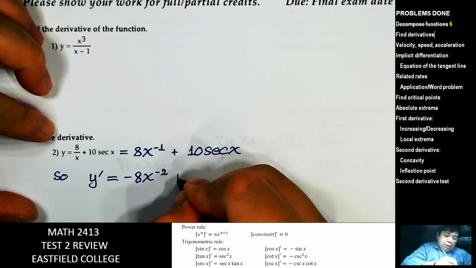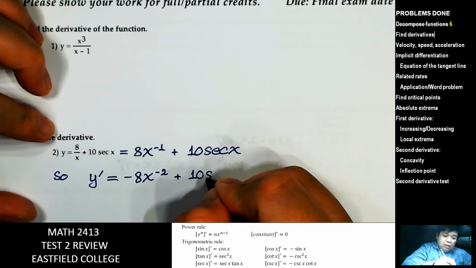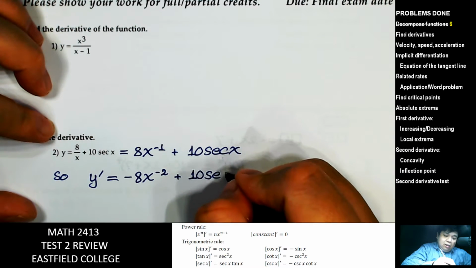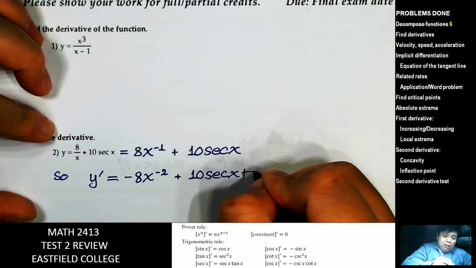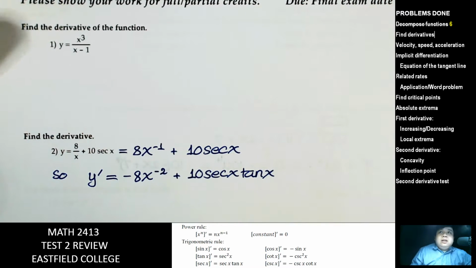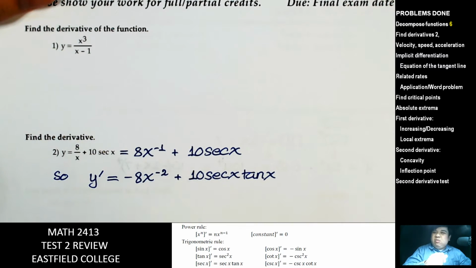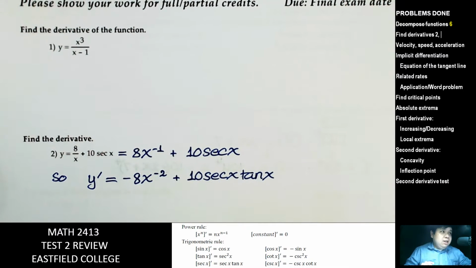And derivative of secant is secant tangent. So it'll be just that. Because you can write that negative 8 over x squared, but that's good enough.